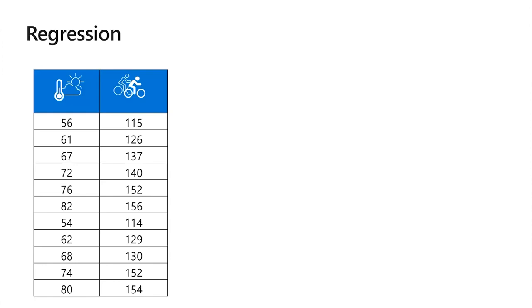So already just looking at the data, it seems that when the temperature goes up, my bike rentals might go up as well. The thing I'm trying to predict here is the bike rentals, and we're calling this Y, and the feature is the temperature, and I'm calling this X. Now, I'm not going to put this entire data set into a model because I want to test it as well.